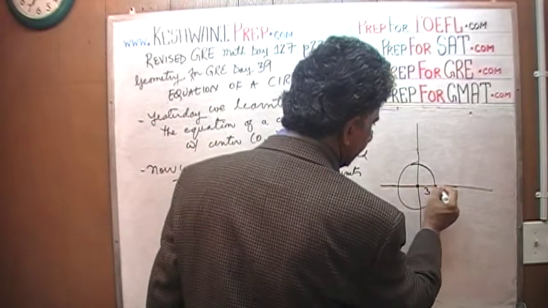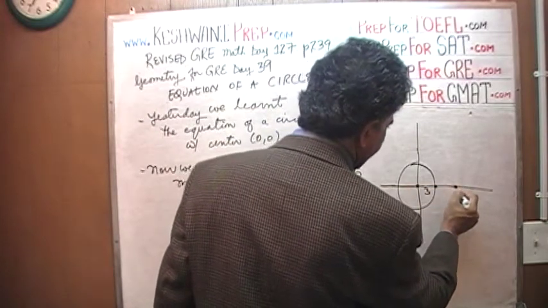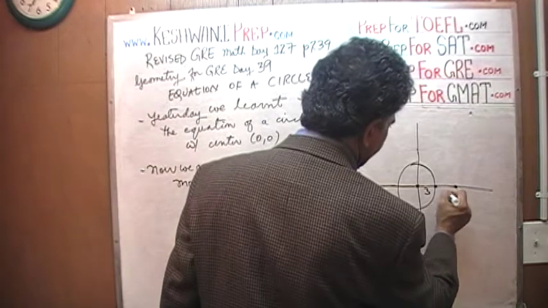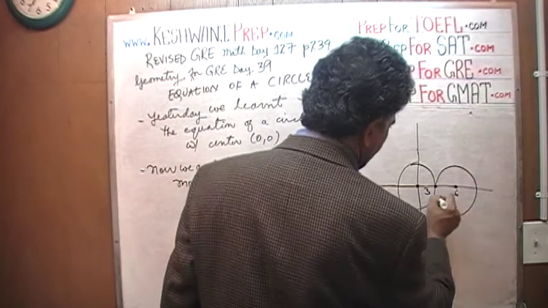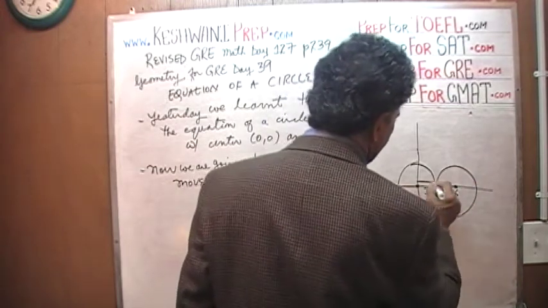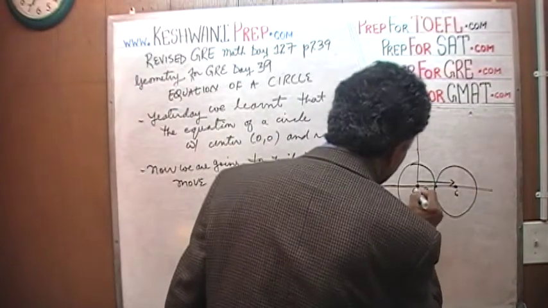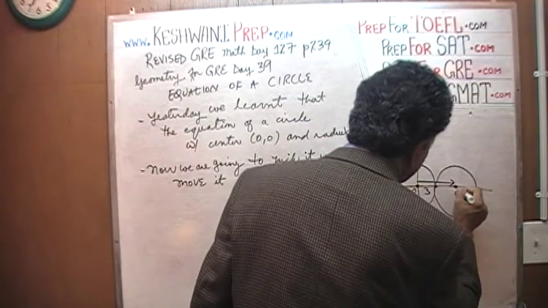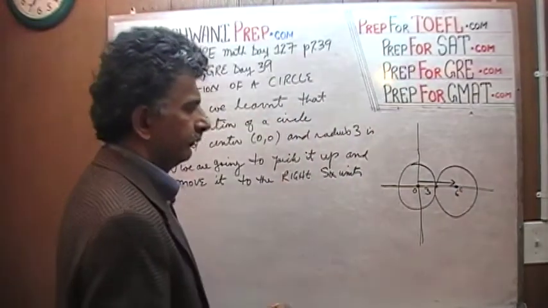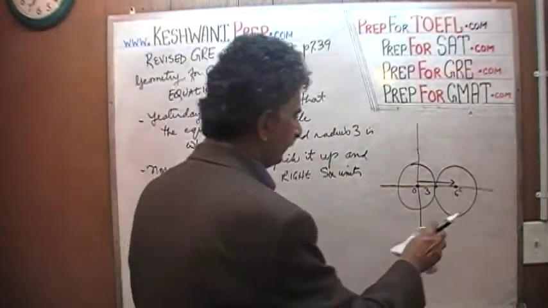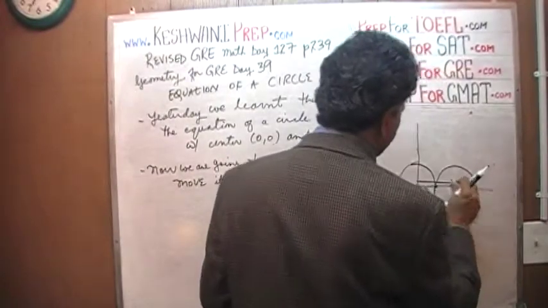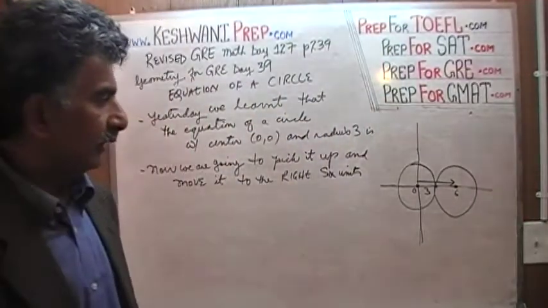Up to here is 3. We're going to go another 3 units, and this thing is 6. So this is going to be a circle. It has been moved 6 units, as you can see clearly.